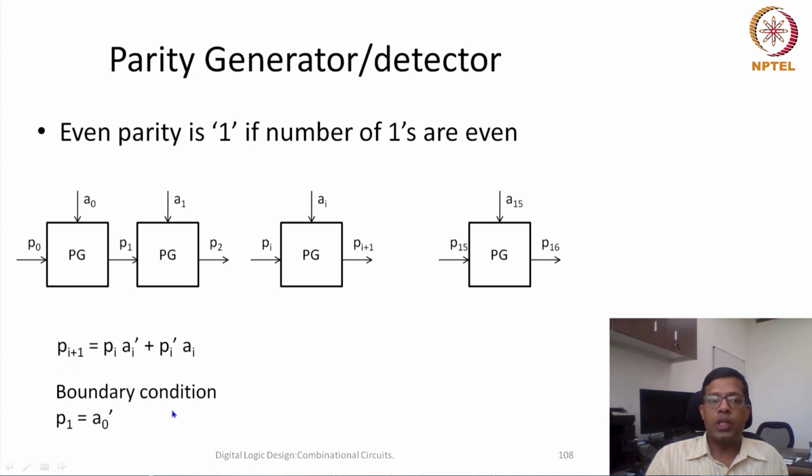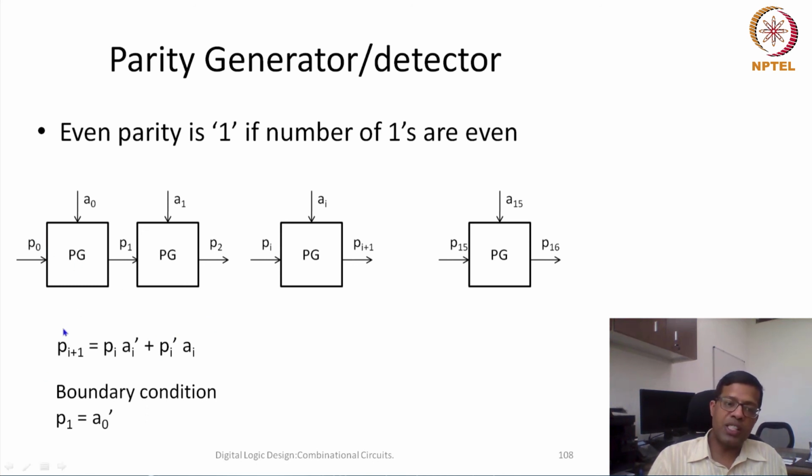Okay, so I'll repeat. It happened because we consider 0 as an even number, so p0 would be considered as even parity, and that's why p0 would become 1.